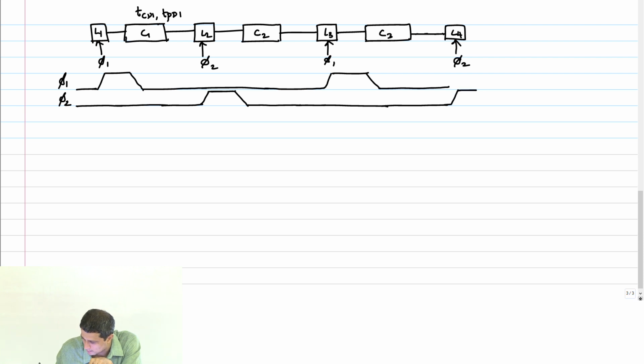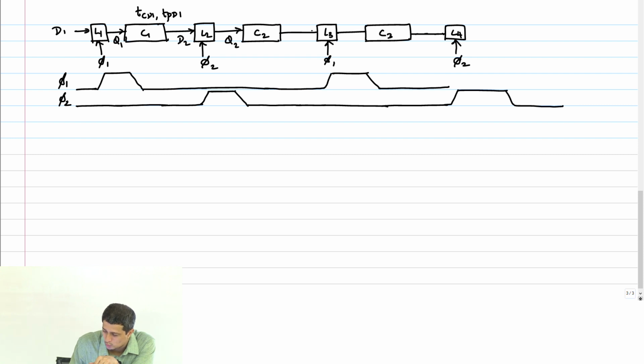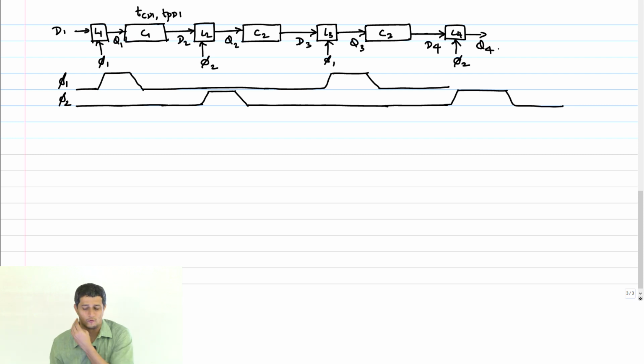So now let's look at D1, Q1, D2, Q2, D3 and Q3, and D4 and Q4. I don't think we'll need D4, Q4 and all that, but let's just look at this. So D1.